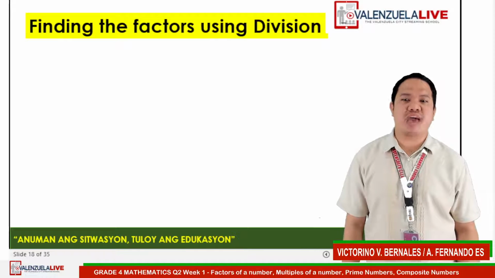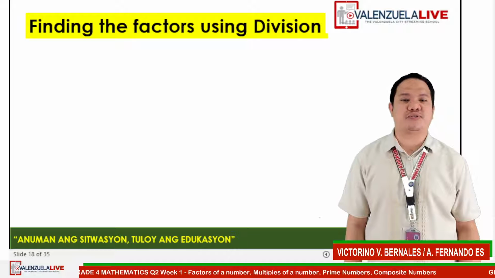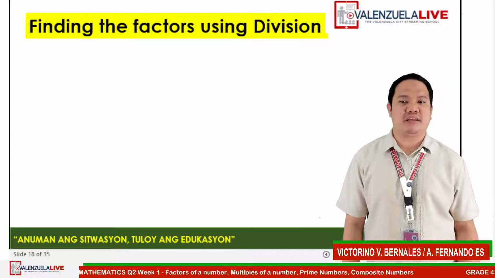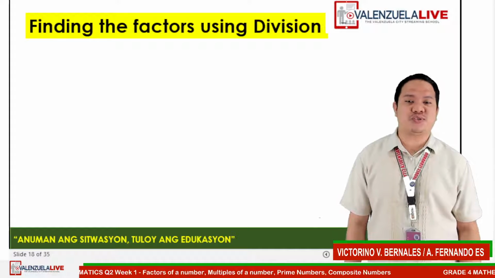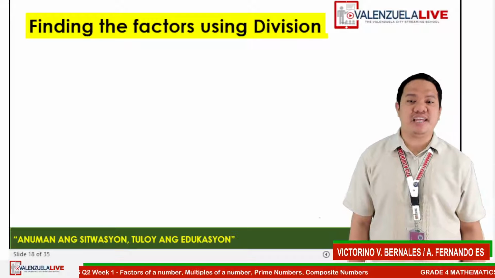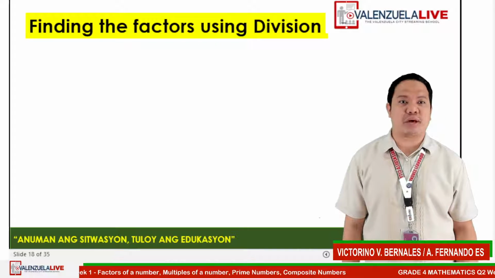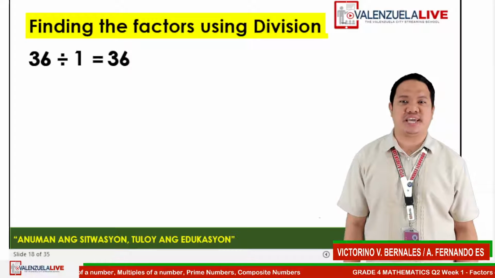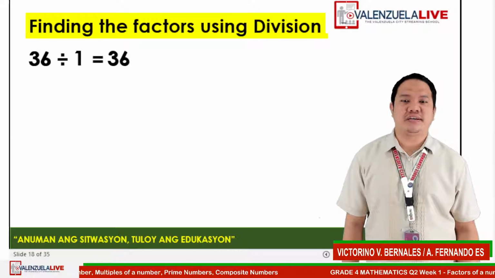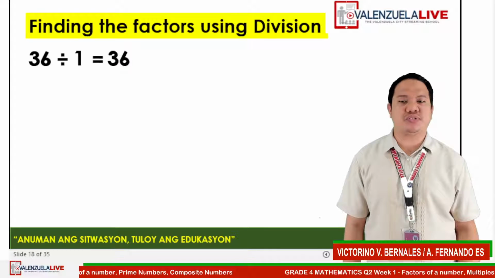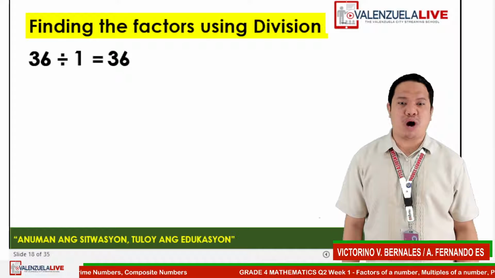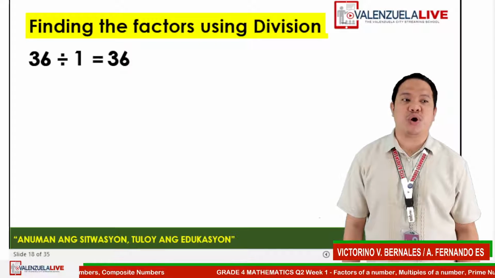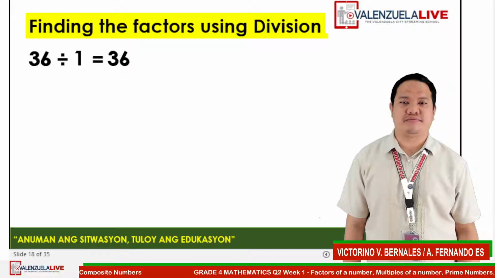Let us now have other examples of finding the factors of a number, but we are not going to illustrate this time. Instead, we will use the division process. Our number is 36. Okay? So, identifying the pair of factors, you can always begin with 1 because 1 is always a factor of every number.